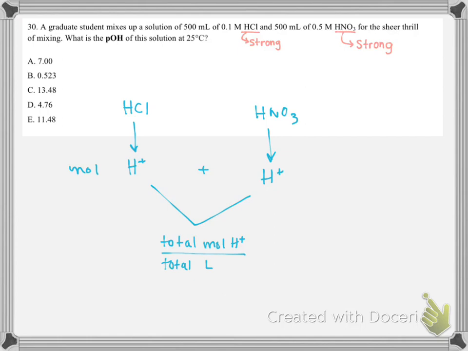To get the moles of these, I'm going to do moles is equal to molarity times liters. So for the HCl, I will have 0.05 moles. And that would give me 0.05 moles of protons also, because we have a strong acid. It's going to completely dissociate 1 to 1.